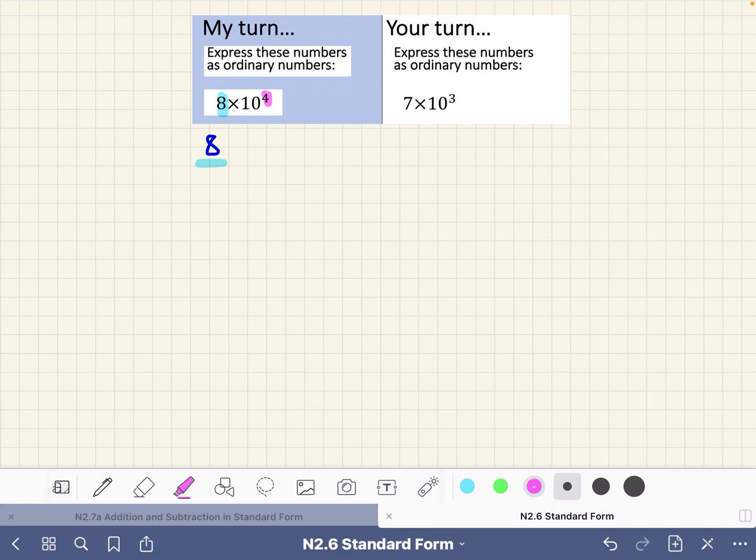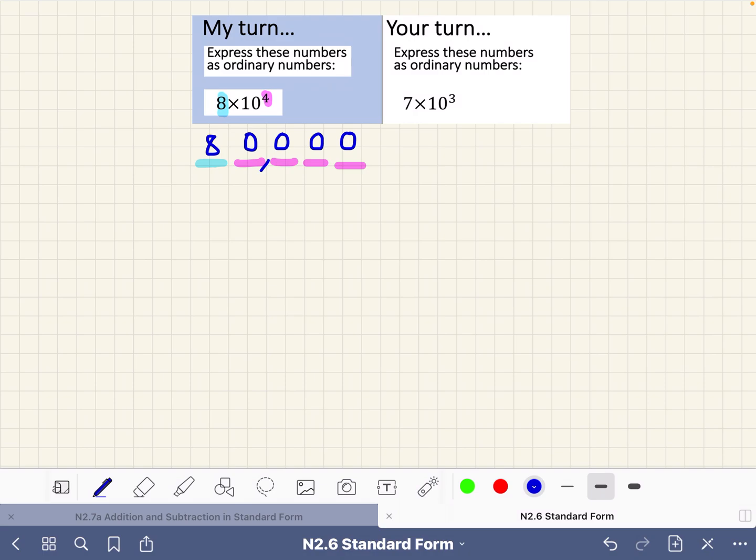In this case, we have a power of 4, which means we have 1, 2, 3, 4 spaces after our 8. We do not have any other non-zero numbers, which means zeros fill all of the spaces. Therefore, 8 times 10 to the 4 is the same as 80,000.